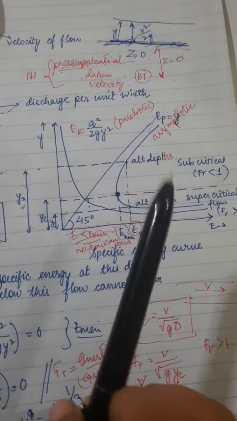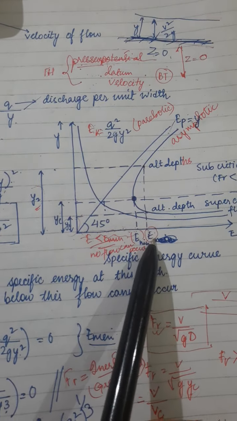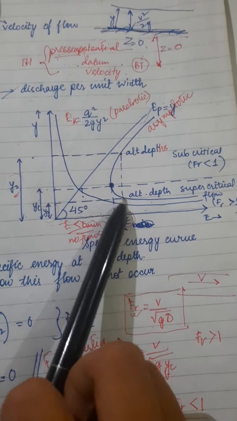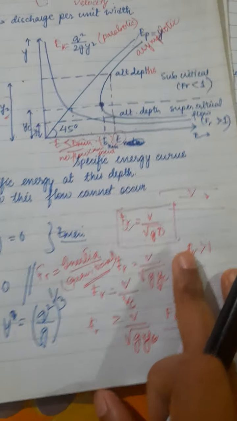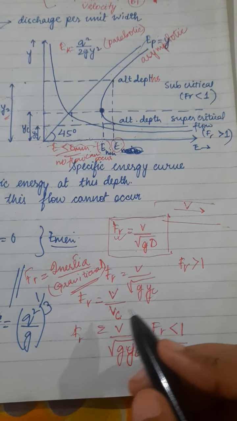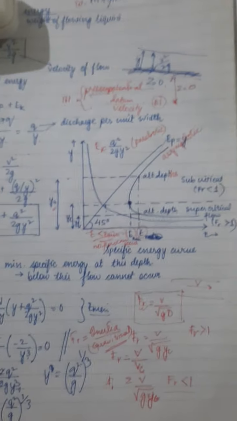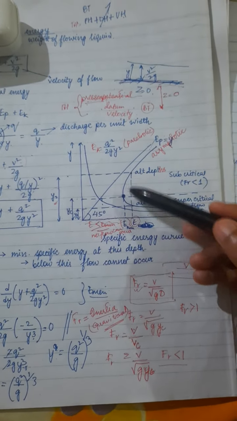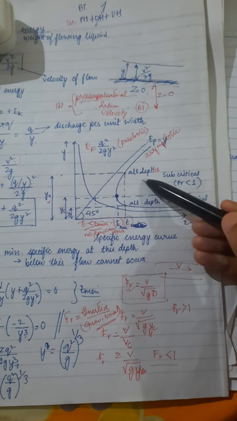In a subcritical flow for a depth Y2, this is the energy. In a supercritical flow for a depth Y1, we see a similar energy in the same manner. So here the VCs are changing, the V of the flow is changing. For the same energy we can have two types of depths, and these depths are called alternate depths.